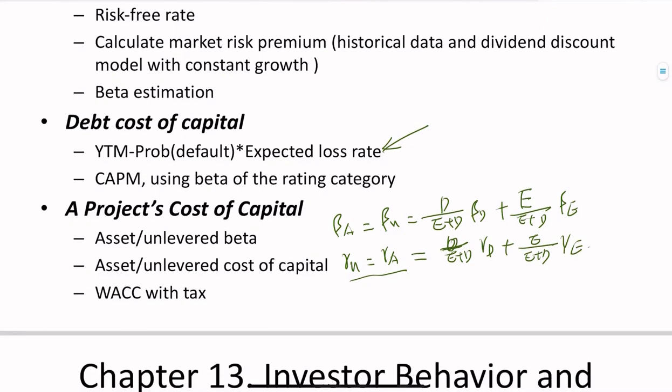And then the third formula is about calculating WACC when there is tax. So here TC is the corporate tax rate.